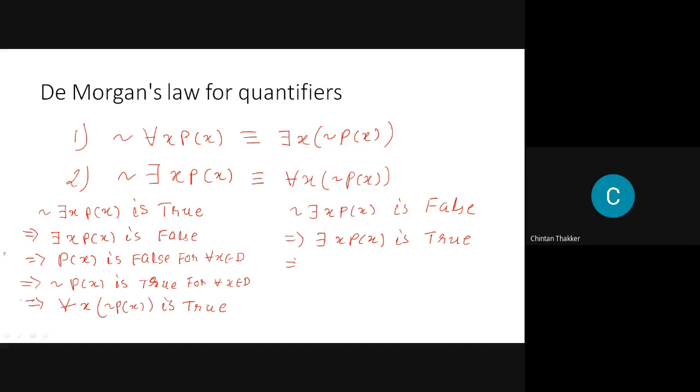So that implies now we use the definition of there exists x Px.